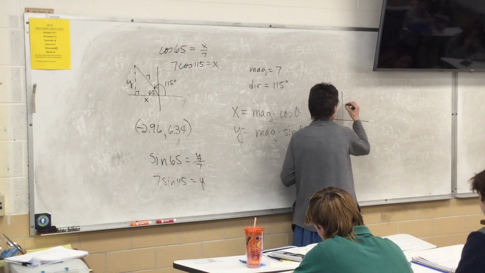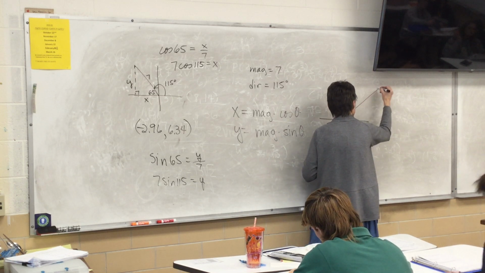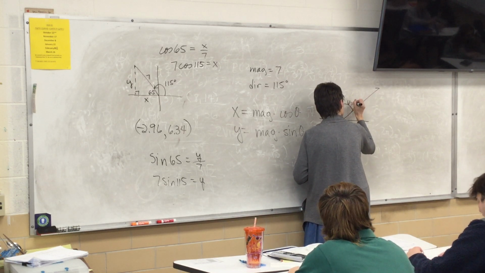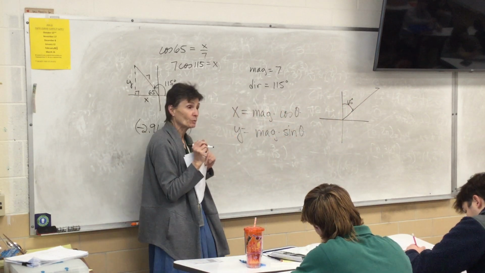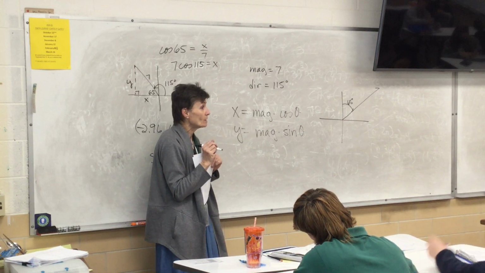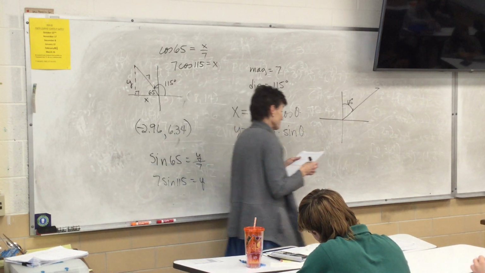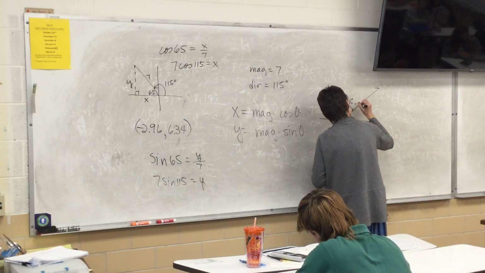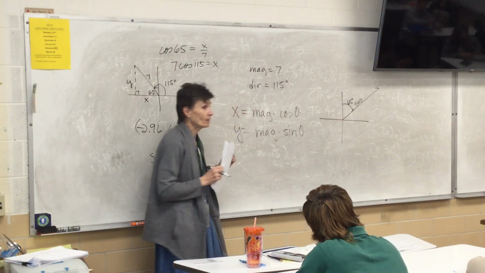So 65 degrees would look like this. Remember, when we're doing navigation, we're starting from due north. At a speed of 500 miles an hour. So the magnitude of the vector is 500.